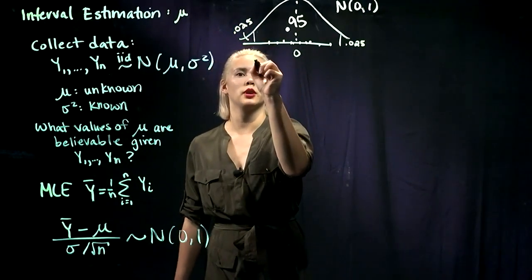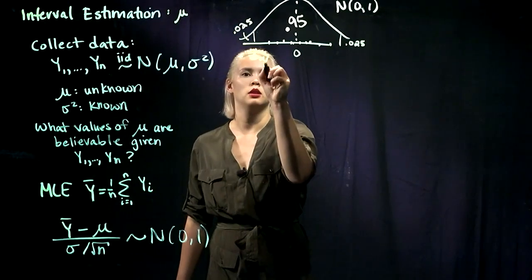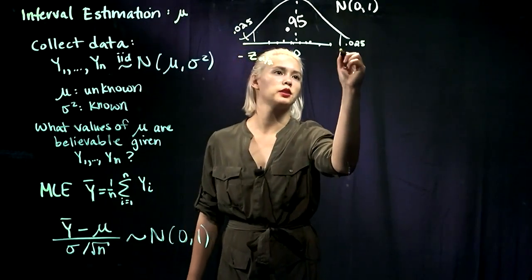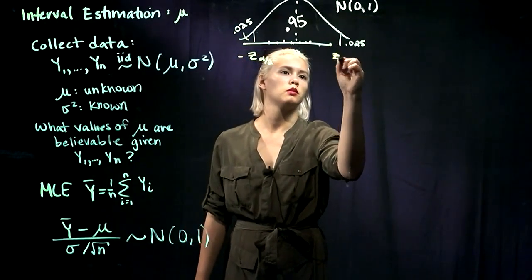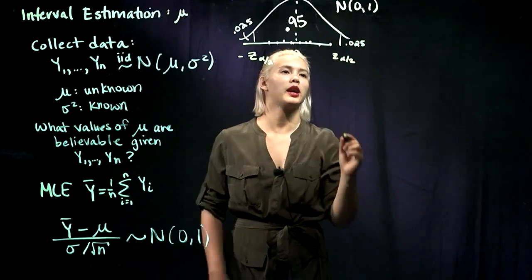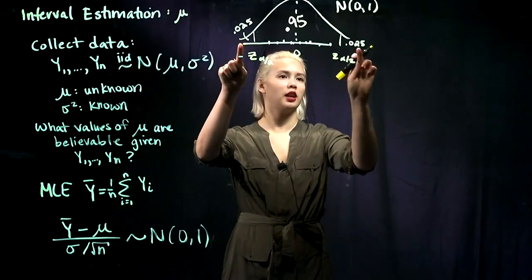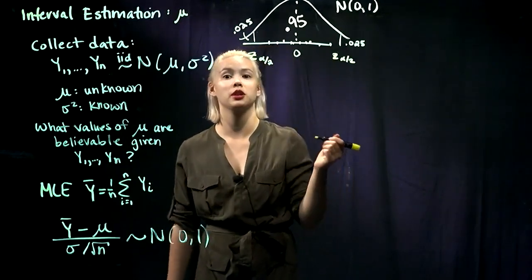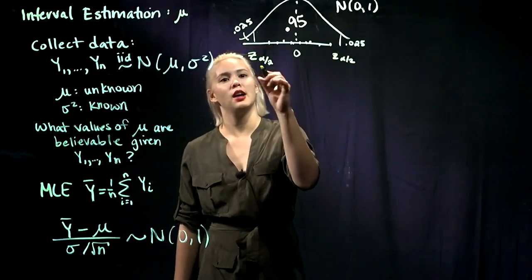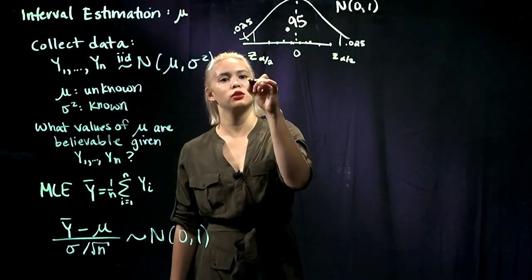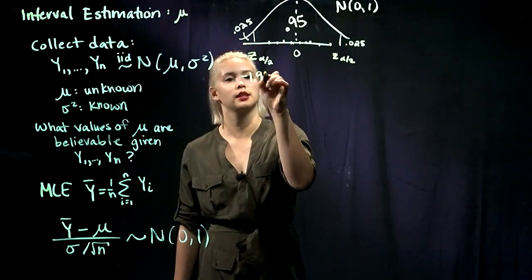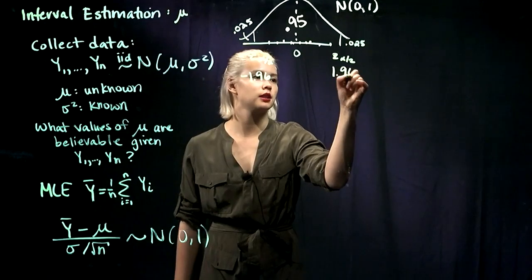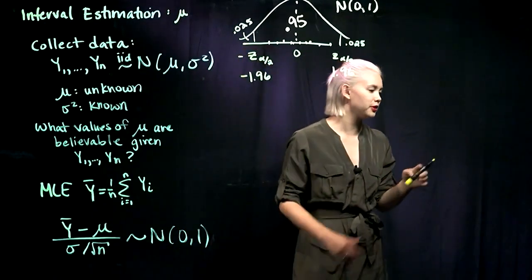And we're looking for what this cutoff is, so that we have 0.025 in that tail and 0.025 in this tail. So we could go to a table, or we could use the pnorm command in R, and we'd figure out that this is equal to negative 1.96 and positive 1.96. All right, so we'll be using that later.